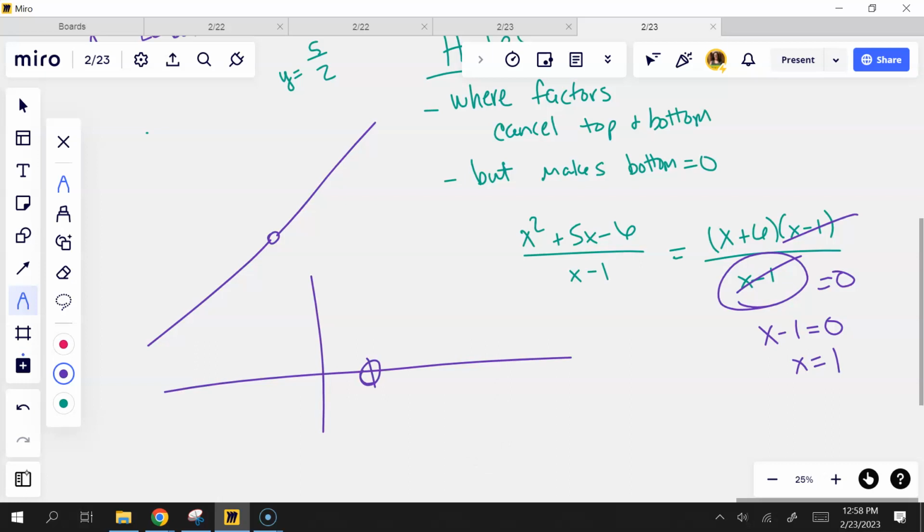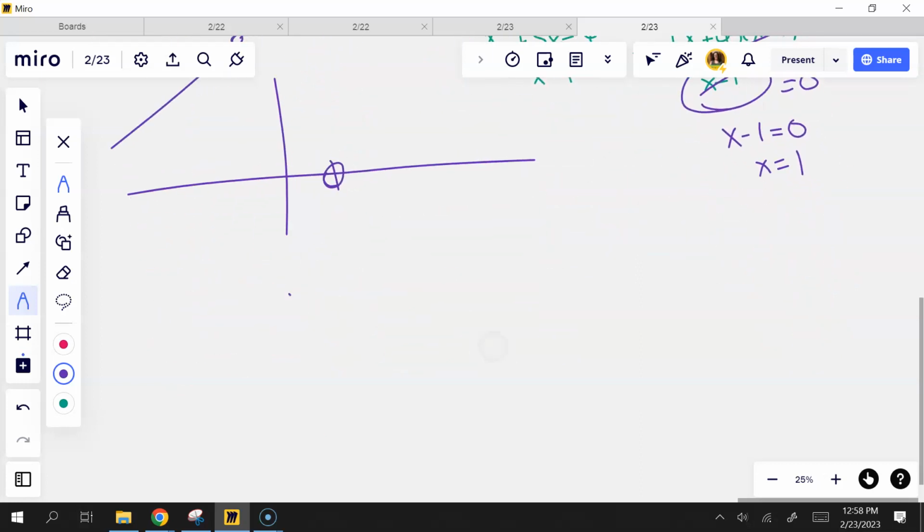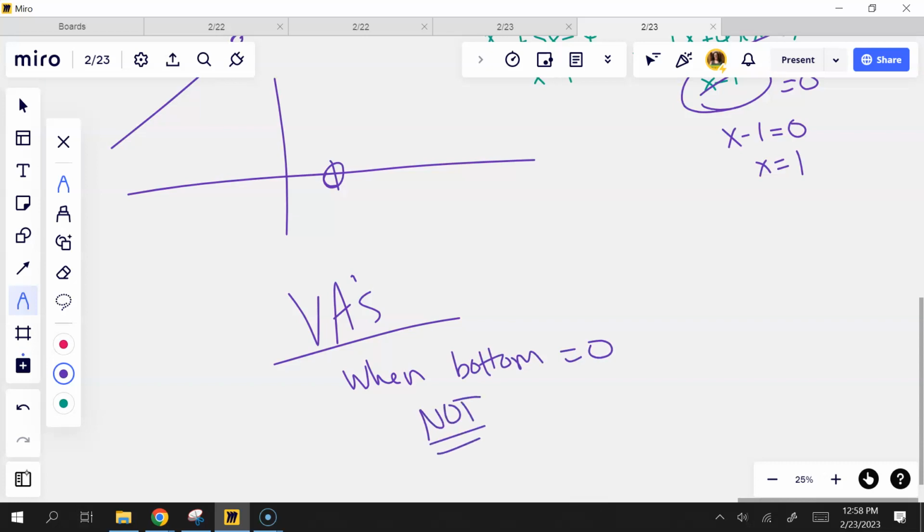Okay, vertical asymptotes. Vertical asymptotes happen every place the bottom equals 0, but not anywhere where there was a hole. So if there's a hole, it's not a vertical asymptote.